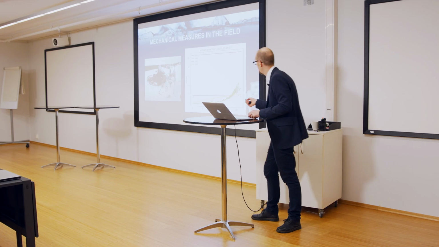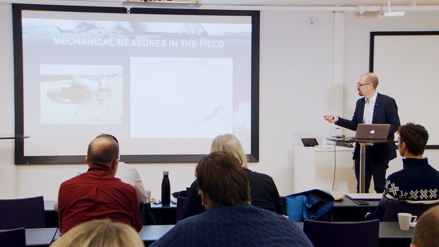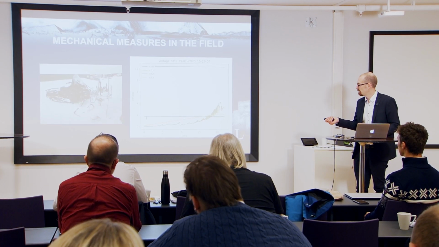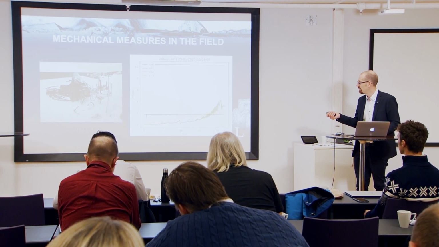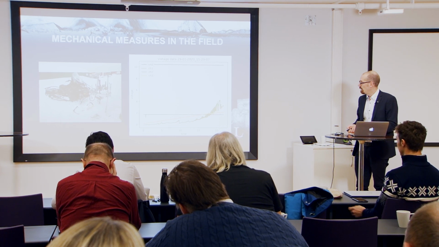And together with that we also do pressure measurement, and here you can see it's quite mobile, this system, so we can mount it on a snowmobile and take it out in the field where we can do measurements wherever we want. We can increase the pressure and measure the distance, how far it has sunken in.